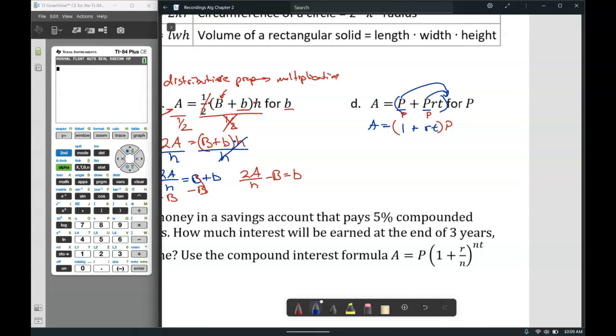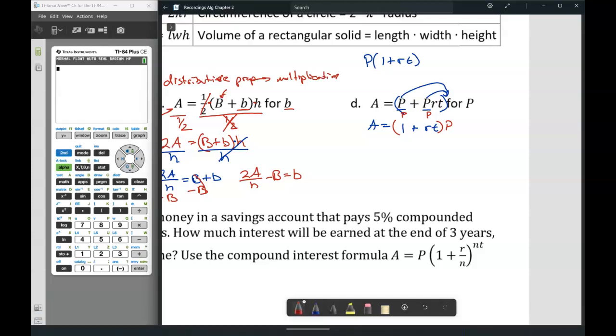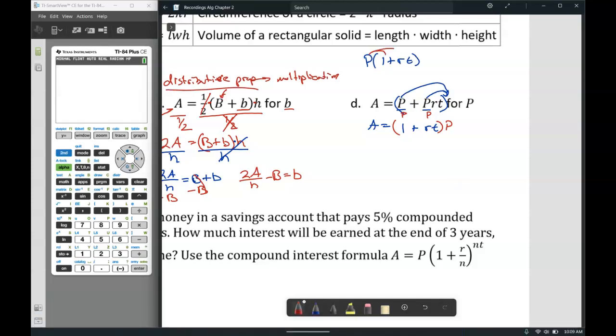To see why this works, let's work backwards again. If I take the expression P times (1 plus RT), and I apply my distributive property here and here, we see that it equates back to the original expression that we had in our formula.